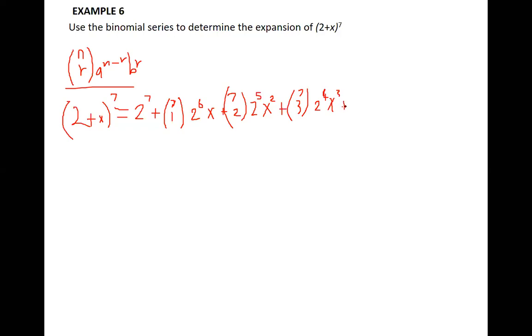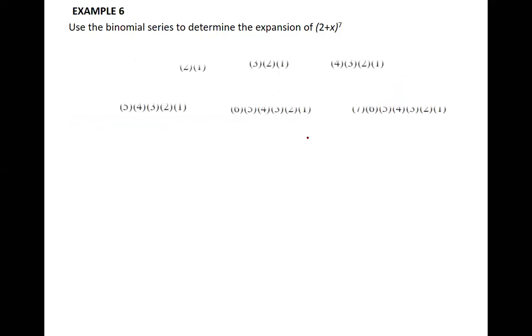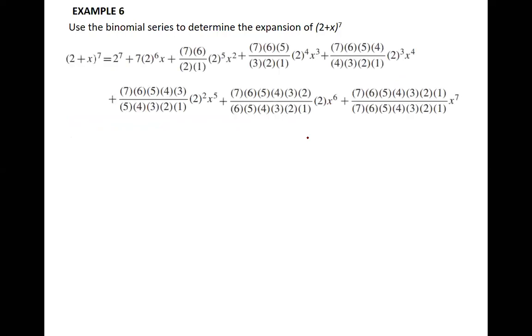So you go on like that until you reach a point where you're just going to have x to the power 7. That is how you expand such an expression. It is just as simple as this. So this is the solution here. We know that 7 choose 1 is just the same as 7. The 2 here has reduced in power, the 2 is reducing, the x is increasing.